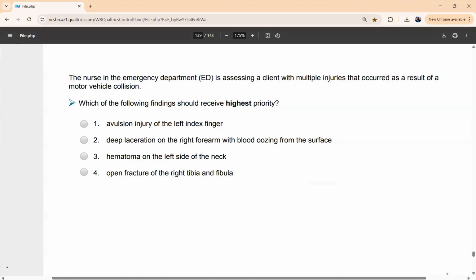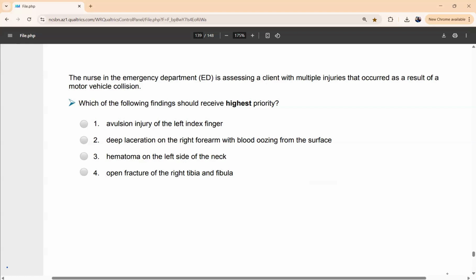That's a finger, which is not about cardio, it's not about respiration. So we'll put it aside. And then deep laceration on the right forearm with blood oozing from the surface. So we have a circulation thing here. So I'll put a question mark.